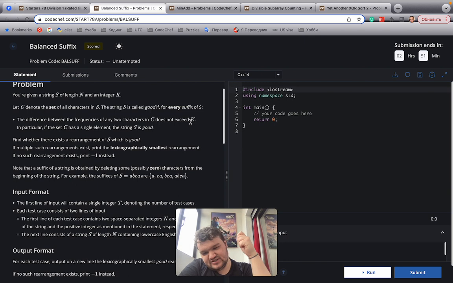Well, it decreases its frequency and it can become maximum of all other frequencies minus k minus 1. So each time we should calculate the maximum of frequencies and take the smallest character whose frequency is strictly greater than maximum frequency minus k and greater than 0.